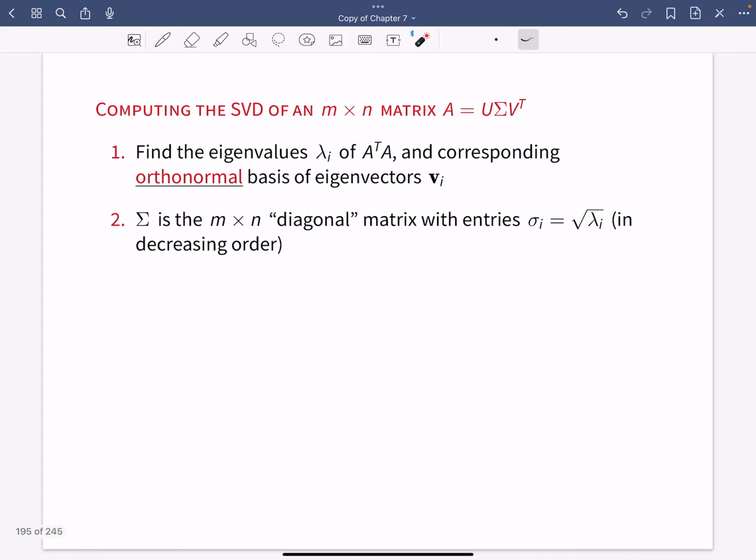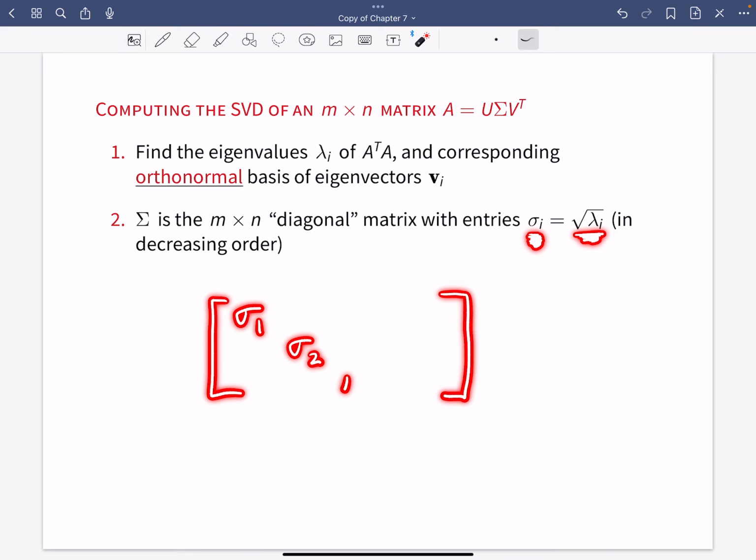Now, once you've found those lambdas, those eigenvalues, and you found those eigenvectors, then you actually have enough information to build the sigma matrix. And the way that you build the sigma matrix is you take the square roots of those eigenvalues you found in the previous step. Those are the singular values of your matrix. And you're just going to place them on the diagonal of your matrix.